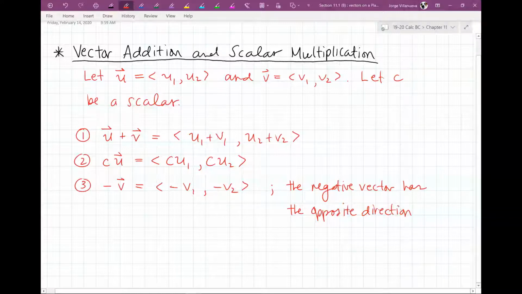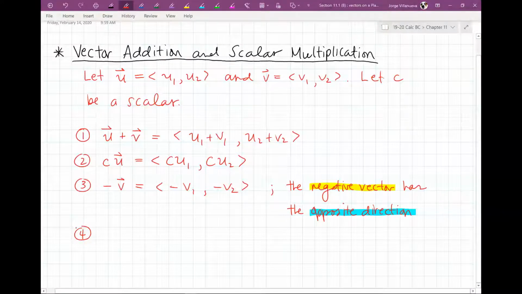So if the vector is pointing at a 45-degree angle in quadrant 1, then the negative vector would be in quadrant 3 pointing at a 45-degree angle, which would be, what is that, 225? It's just flipping to the other side.